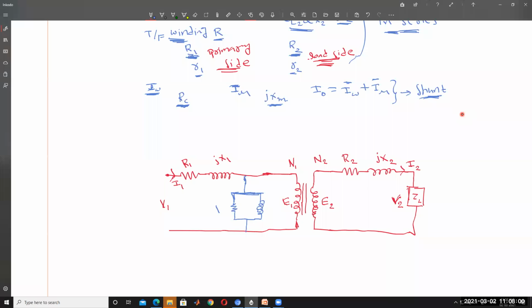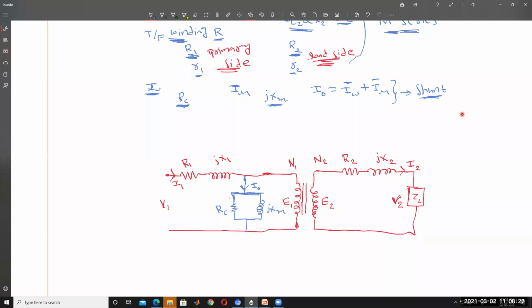This is called Rc, the core loss component, or wattful component, and this is called j into Xm, magnetizing reactance. This current is called I1. So you know well this current, what is this current? I naught. This is called the current flowing to the no load branch parameters.